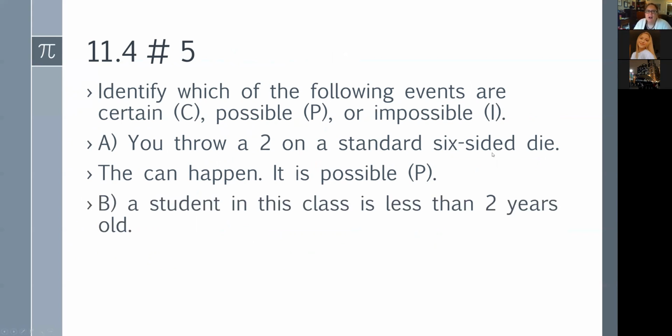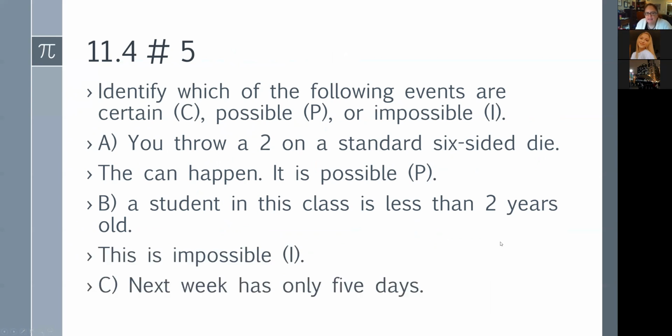Part B, a student in this class is less than 2 years old. That's not possible. That's impossible. And part C, next week has only 5 days. Well, a week has 7 days, so that's also impossible.